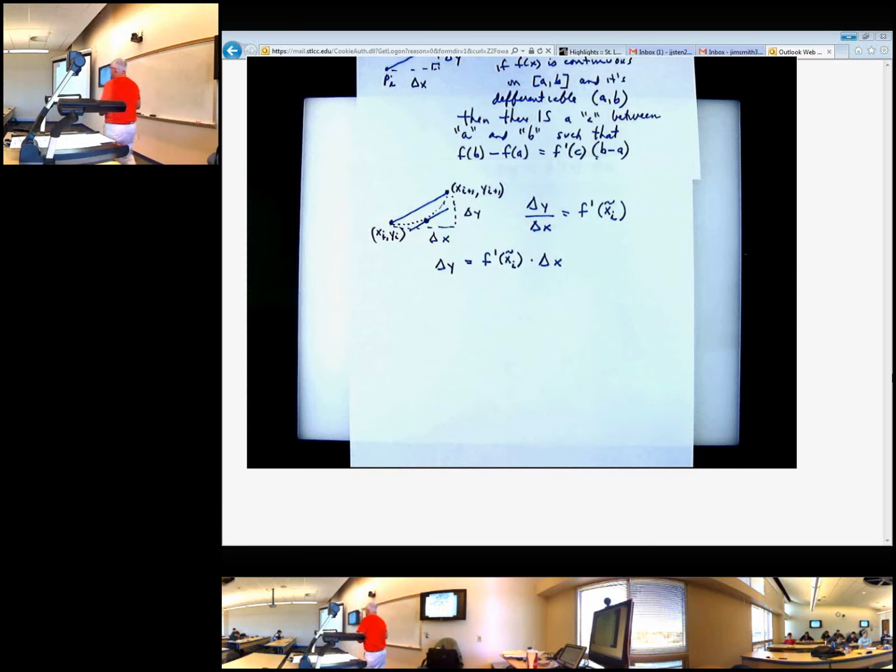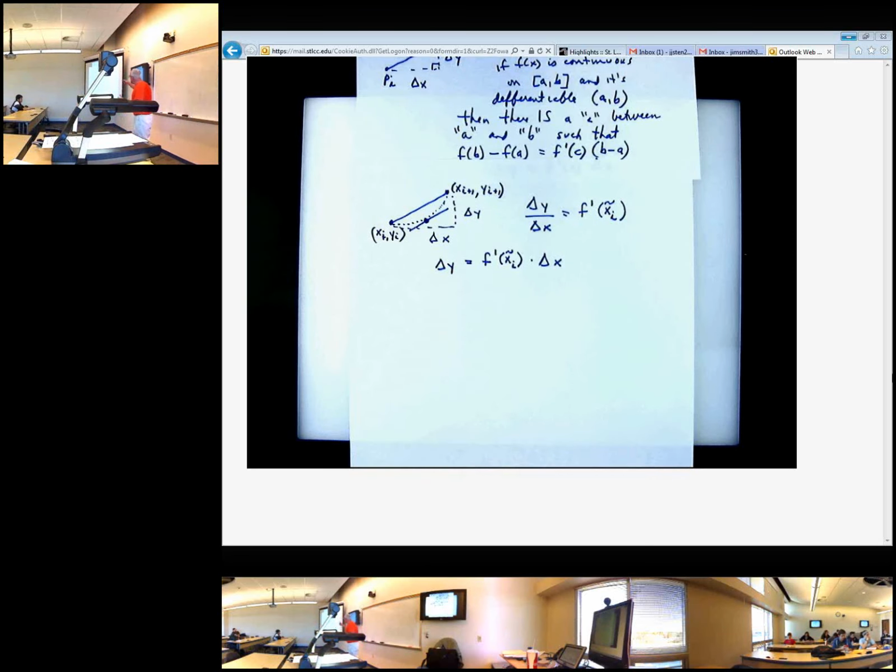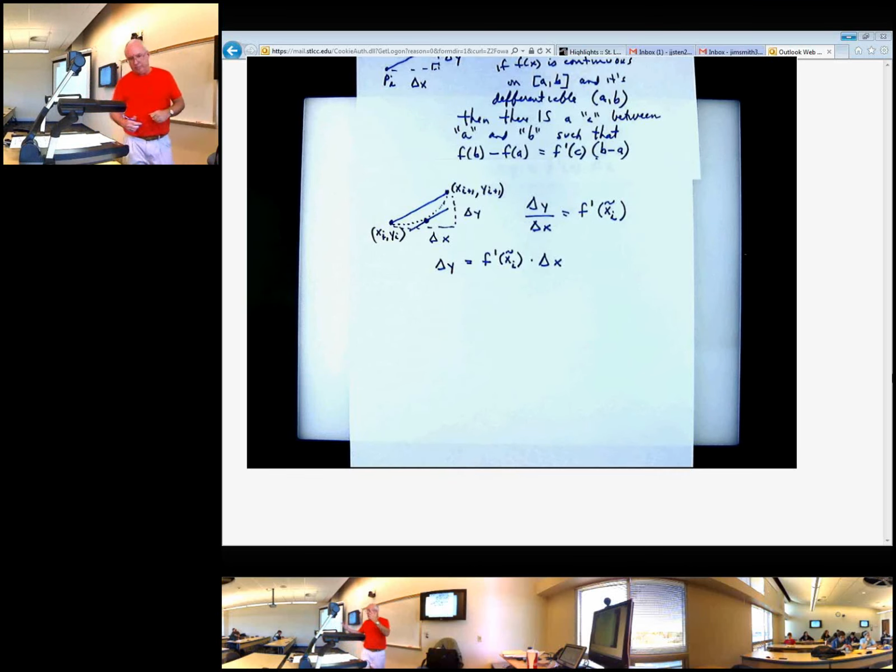So what this does now is this gives us, in our delta y and delta x formula, a derivative.